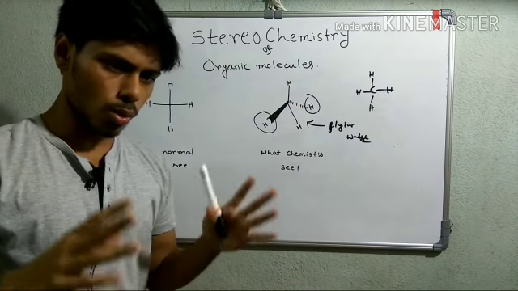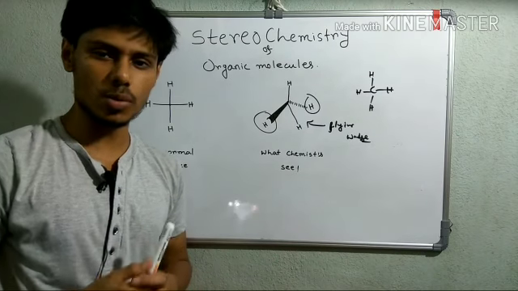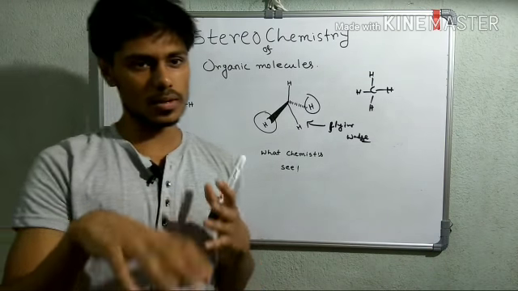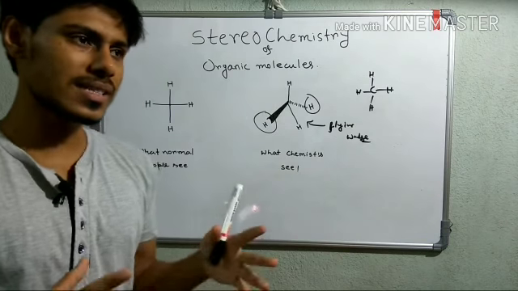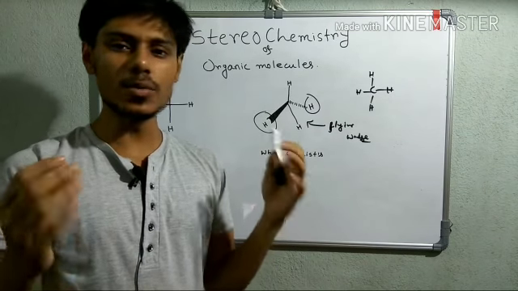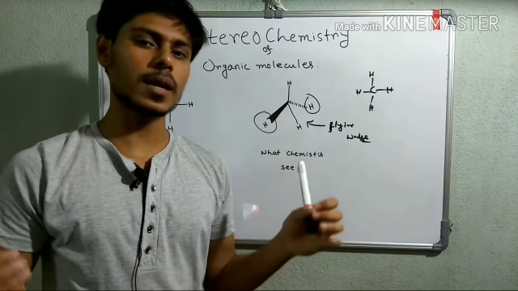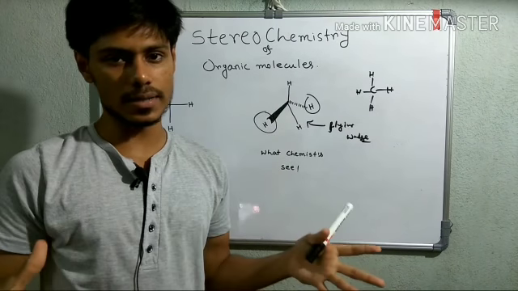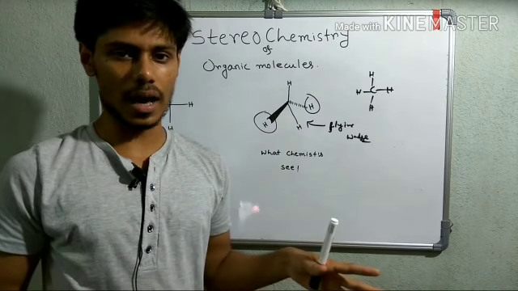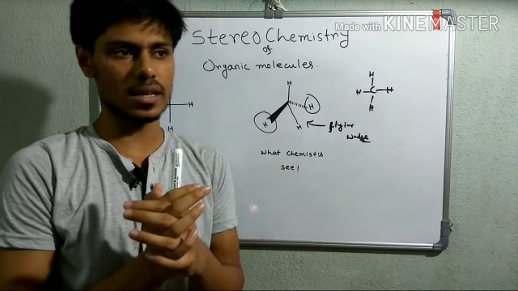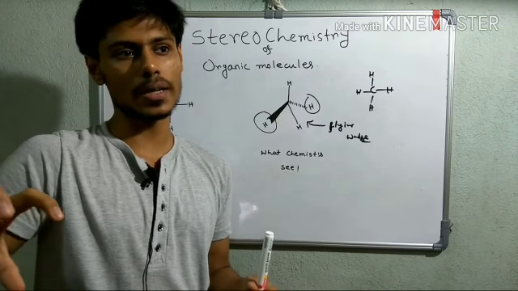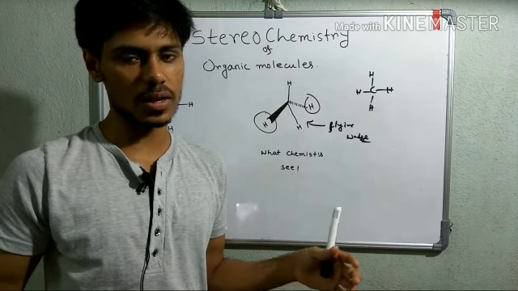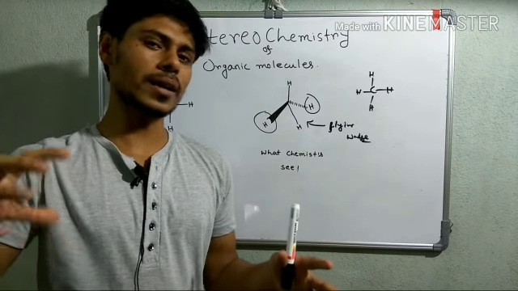Now why is stereochemistry so important? If you study organic reactions, you will see that any useful reaction involves some kind of stereochemistry. Or if you consider the biological system, all the molecules are chiral. What is chiral? Chiral means the molecule has a particular three-dimensional structure with a particular arrangement.